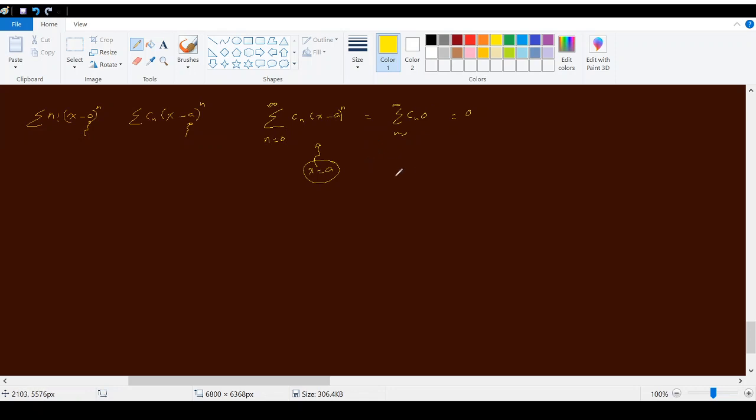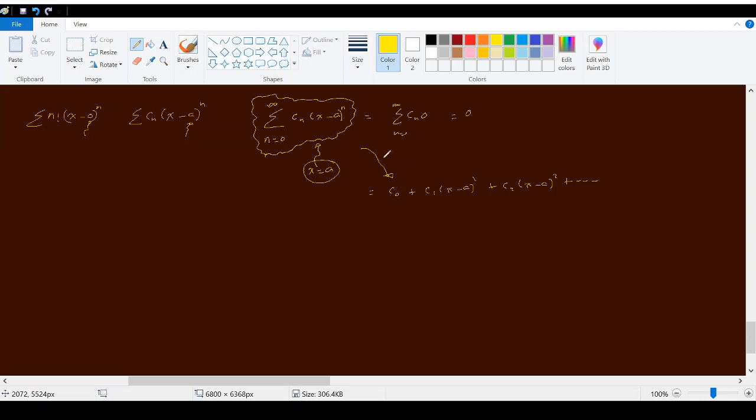The reason behind that is this sigma notation is actually a short form of a certain expansion, and that expansion is this one: C1 (x minus a)^1, C2 (x minus a)^2, like this. Now this is the short notation of this expansion, right?